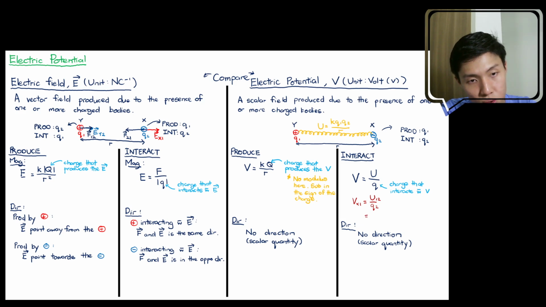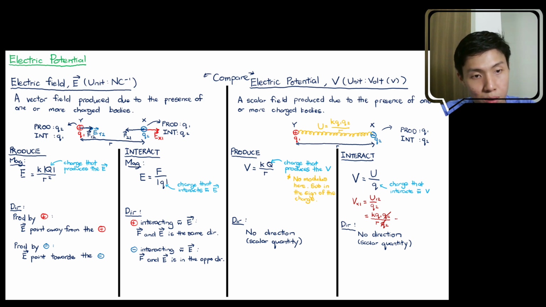So if I choose to expand the equation, I'll get K Q1 Q2 over R, and I'm going to divide it by Q2 as well. So I'm going to put Q2 down here. K Q1 Q2 over R is the U which I have substituted in, and divide by Q2. And you can see that Q2 and Q2 can cancel.